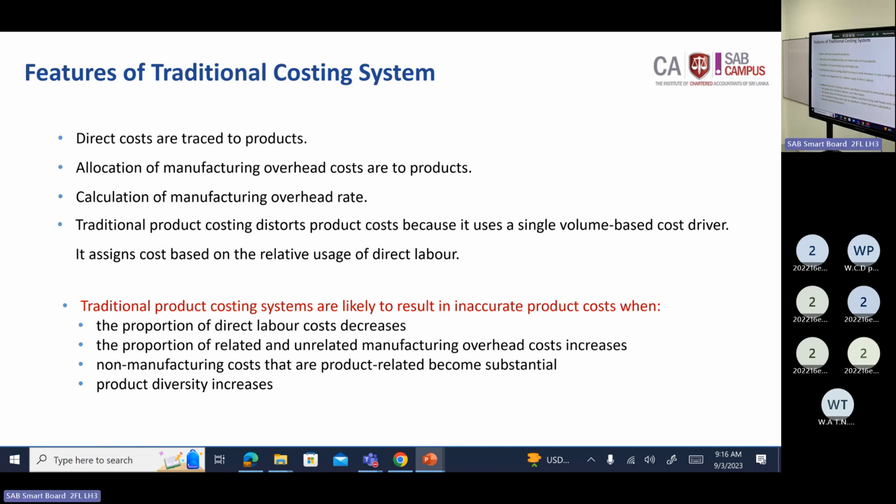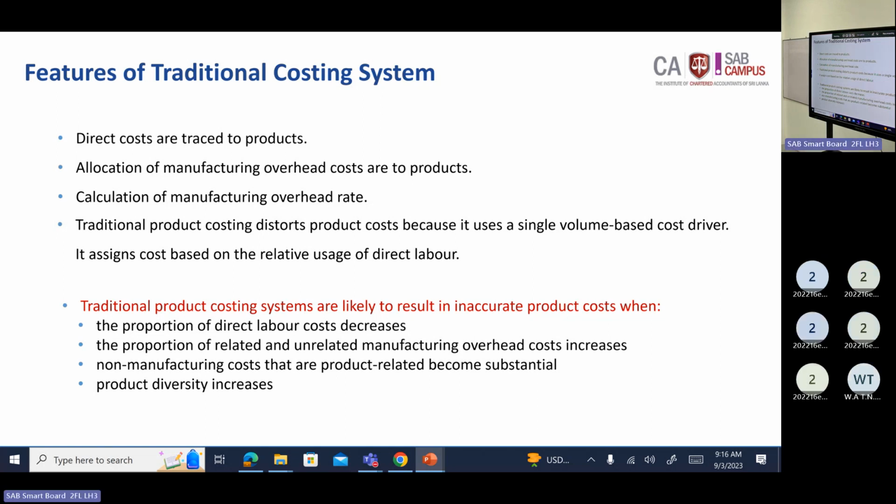Now this is with the assumption, right? In my example, I take factory 2 direct labor. So if we are using labor hours as the overhead absorption basis, then the proportion of direct labor cost decreases. That means most of the overhead cost may not be related to the direct labor, right?